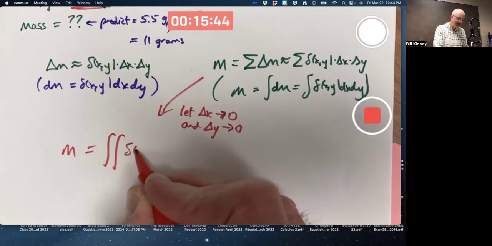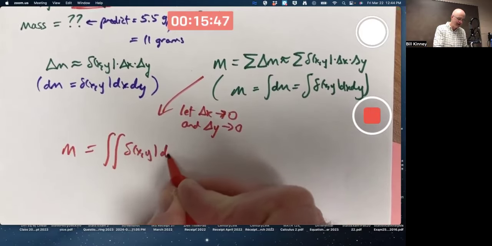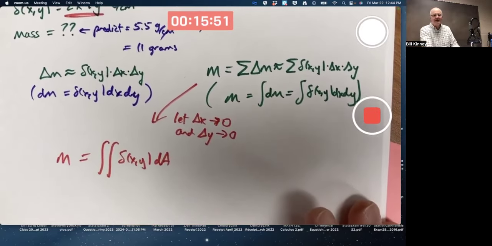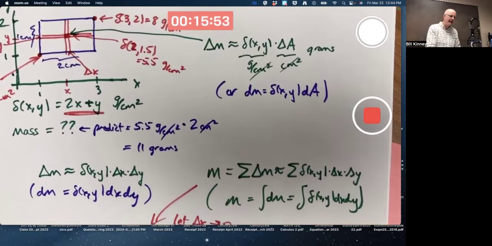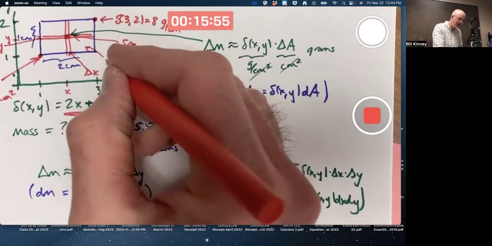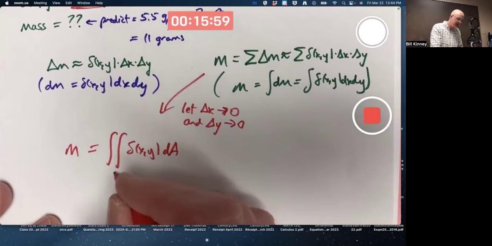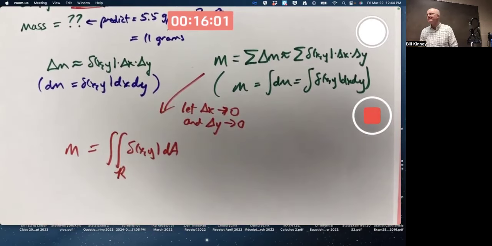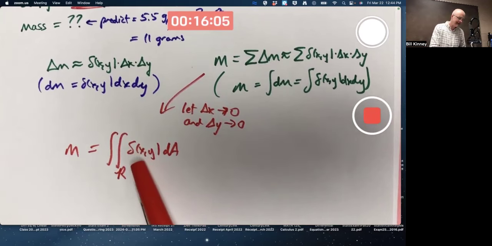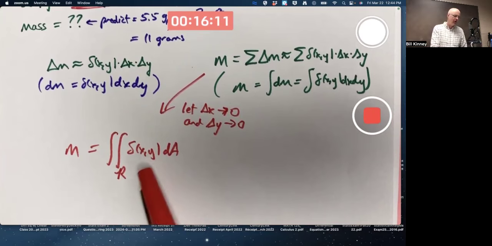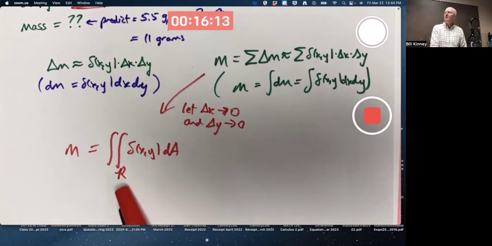Let me write delta of xy dA is sort of the more abstract way to write it. We could also emphasize that it's over this rectangle. We could give this rectangle a name. How about cursive R for rectangle? It's somewhat traditional to write it this way. A double integral of this mass density function, mass per unit area of a thin plate over the thin plate itself, the rectangle shape.